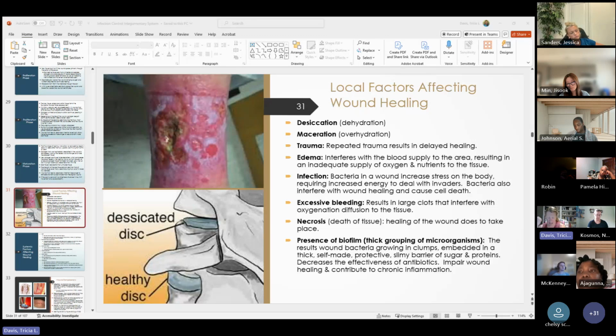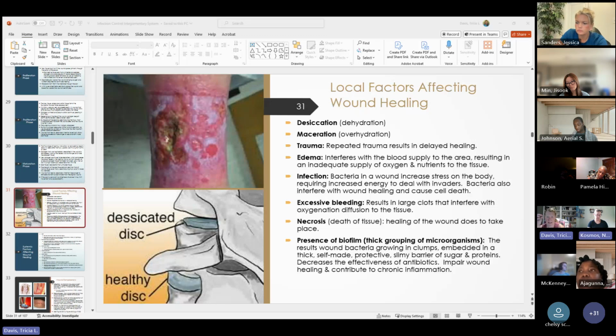And then sometimes we see patients who have what's called a biofilm on their wound. So when we have wounds that have bacteria, sometimes that bacteria grows in clumps and it becomes embedded in those wounds.